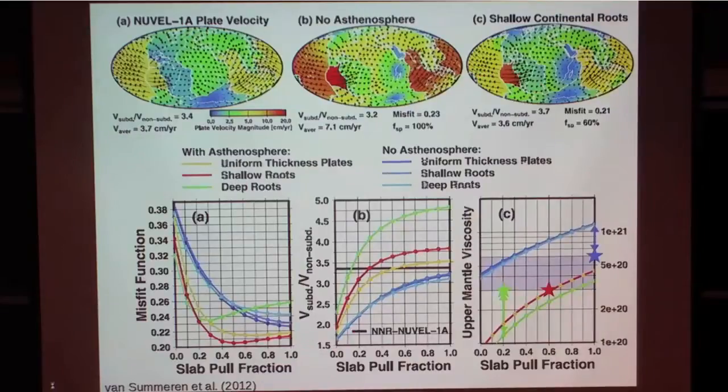And what you get out of those is that there's some indication that slabs have to pull more than would be inferred for an isoviscous sort of setup, which is not a surprise. But I think this is broadly consistent with having slabs that are maybe a couple of hundreds, factor 100 stronger than the background mantle.